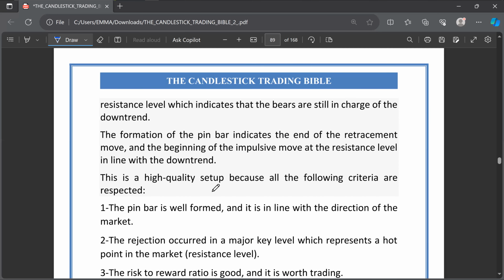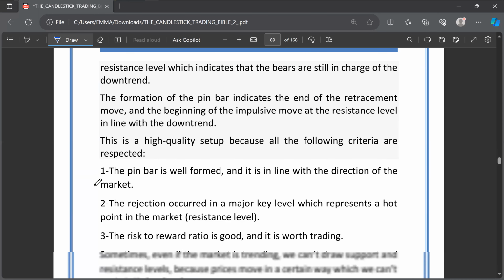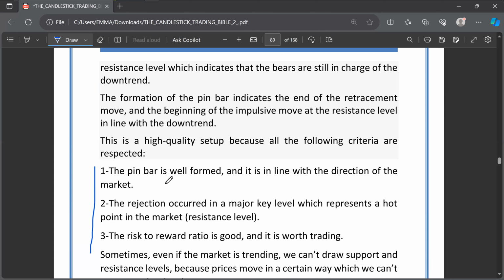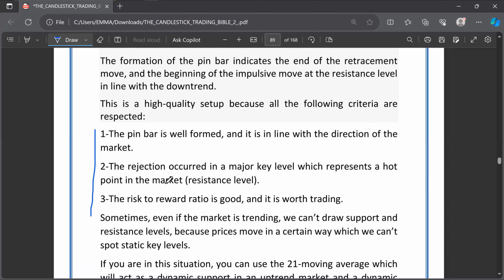This is a higher probability setup because all the following criteria are respected. So you have to make sure that all the factors of your confidence are in line, right? If one fails, don't force it. Just stay away and wait until the setup is correct.